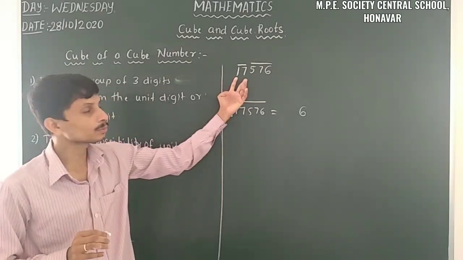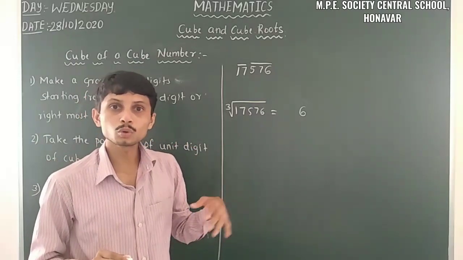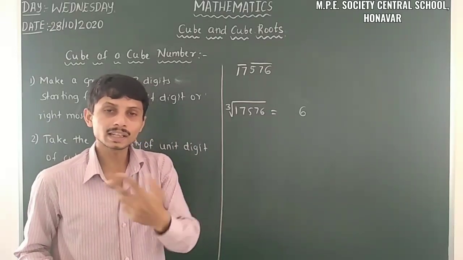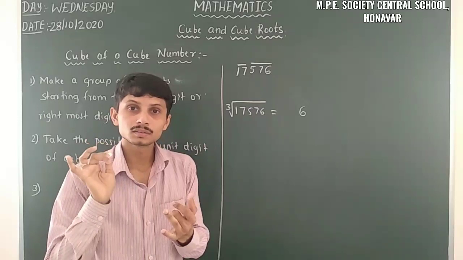Here just observe it is 17. 1 cube is equal to 1, 2 cube is equal to 8, 3 cube is equal to 27. That means it is lying between 2 cube and 3 cube.